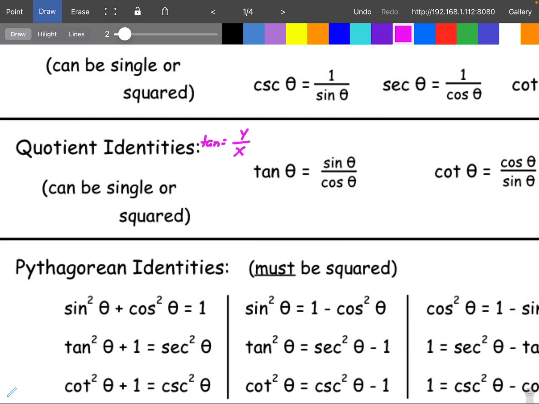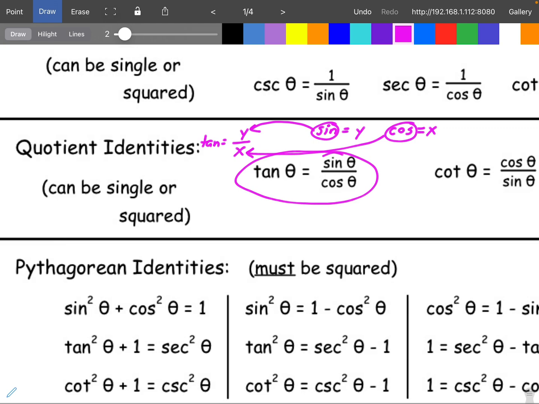However, we also learned that sine was the same thing as y, and cosine was the same thing as x. All of this is on our unit circle. Well, if y is sine, then that could be put here, and if cosine is x, that could be put here, and what do you know? That gives us this identity right here. Tangent theta is the same thing as sine theta over cosine theta.